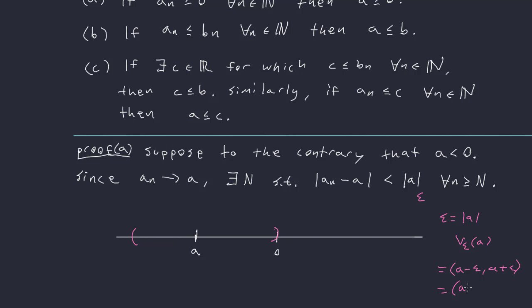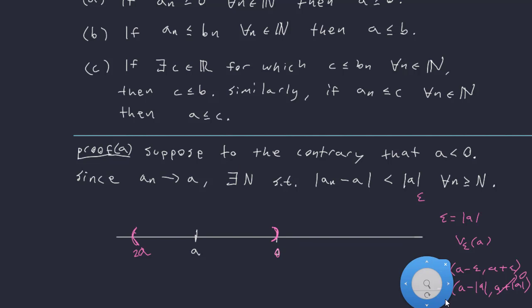That's going to be A minus the absolute value of A, and then A plus the absolute value of A. Remember, A is negative, so A plus its absolute value is going to go to 0. So really, this ends up being the interval A minus the absolute value of A, which would actually be 2A, and then the other side would be 0.